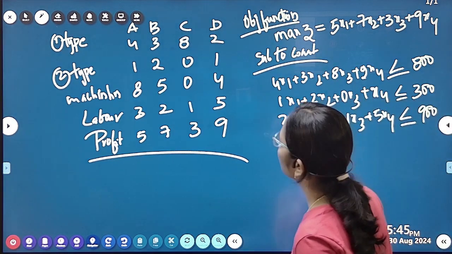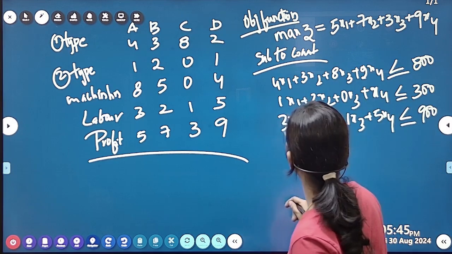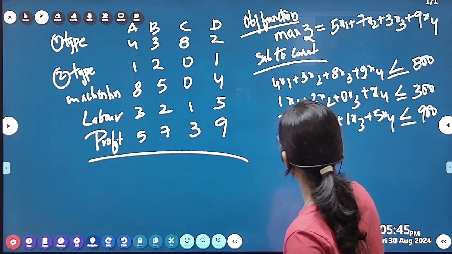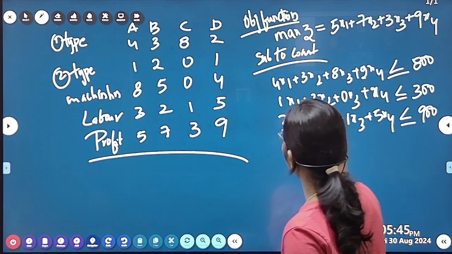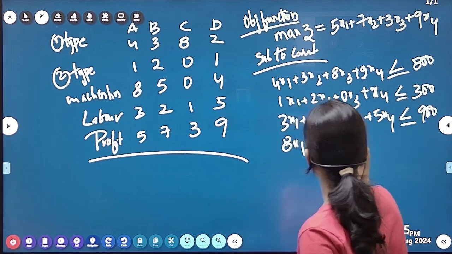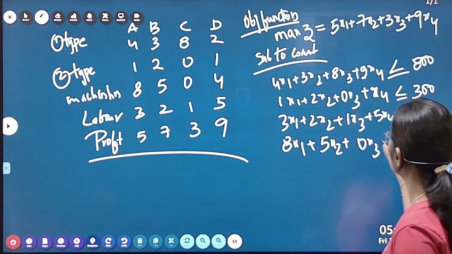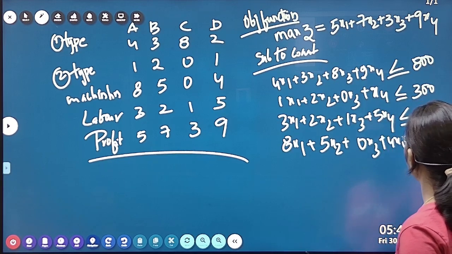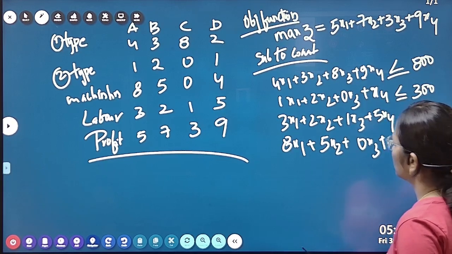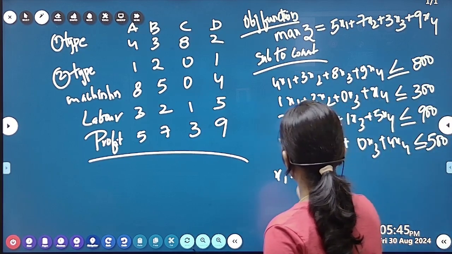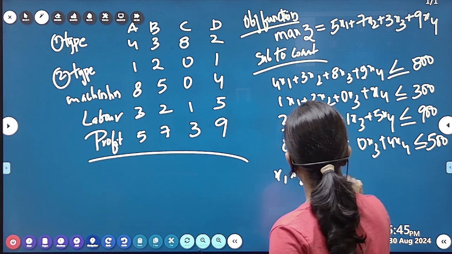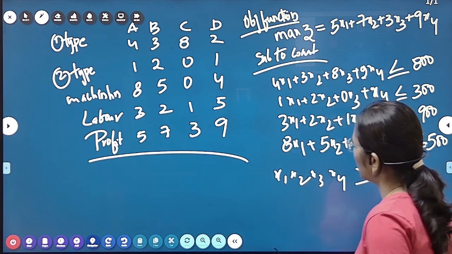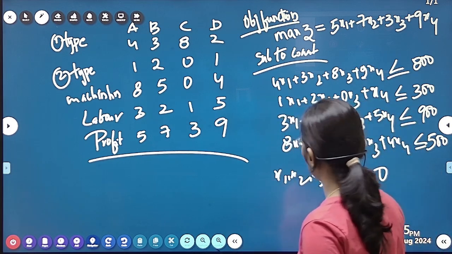Next, I have skipped machine. Okay, 8x1 plus 5x2 plus x3 plus 4x4 less than or equal to 500. And x1, x2, x3, x4 are always greater than or equal to 0.